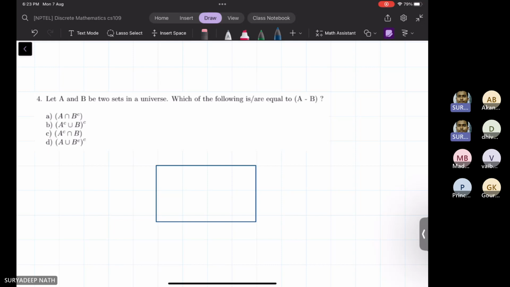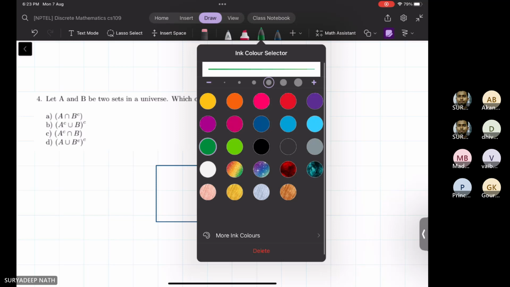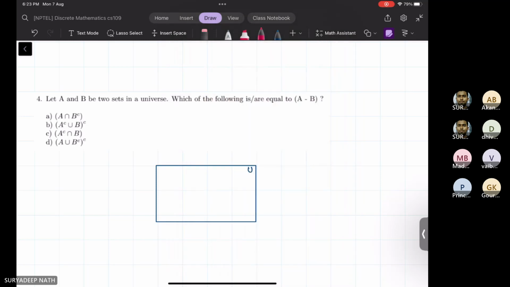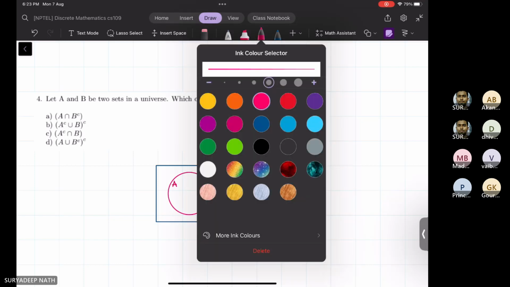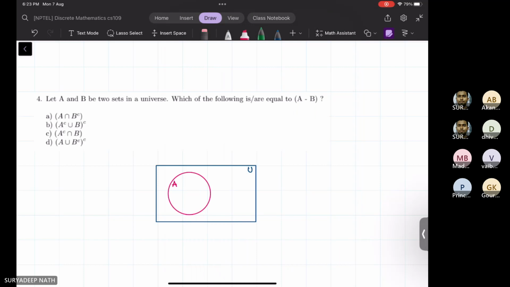This is the universe, we call it U. Let this set be A, and let this be B. So which of the following is equal to A minus B?